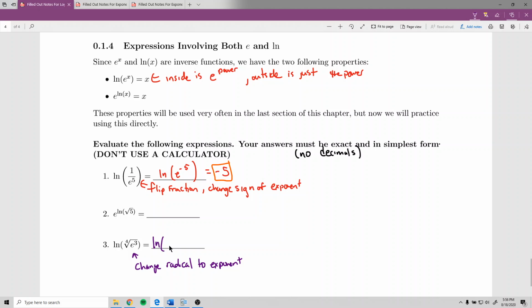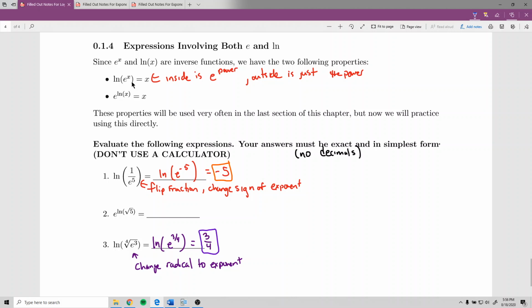And we get ln of e, the exponent, the numerator is 3 and the denominator is 4. And ln of e to that power equals that power, 3/4. Once again, you have to type this in, so if you type in a decimal, even though it's a nice decimal, it wouldn't be correct.